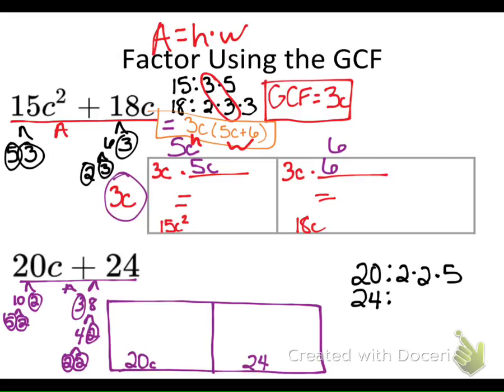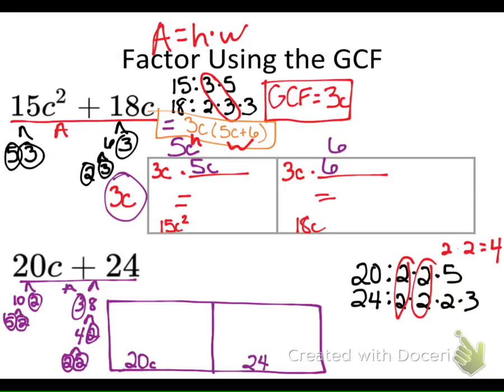You're right, but what order do we put them in? 2 times 2 times 2 times 3. All right, we have our 2's in common, right? And what else? Another 2. Anything else? No. All right, we have 2 2's in common, so we're going to take 2 times 2, and our greatest common factor is going to equal 4.